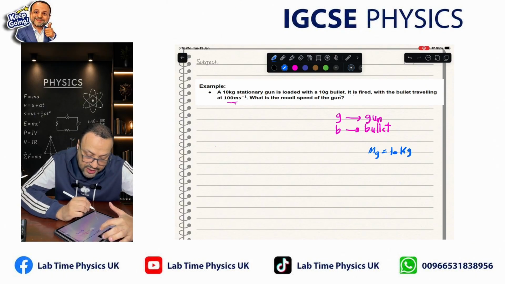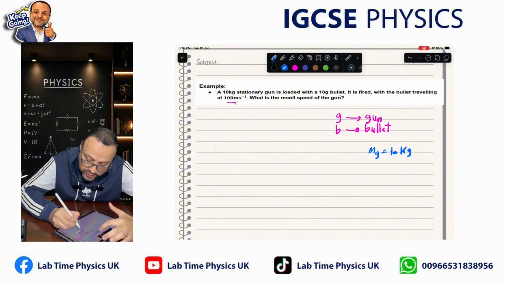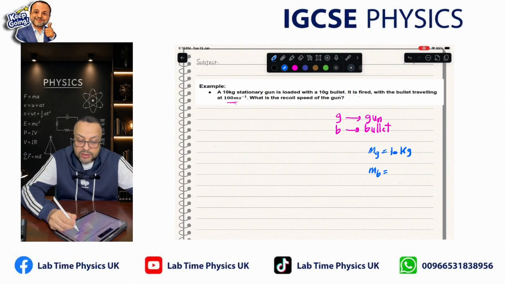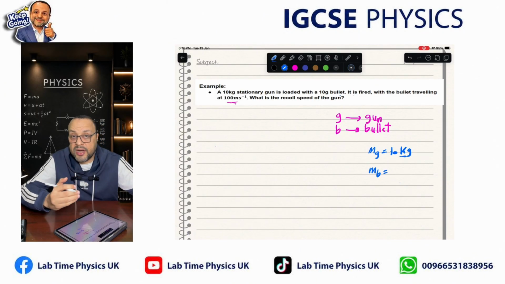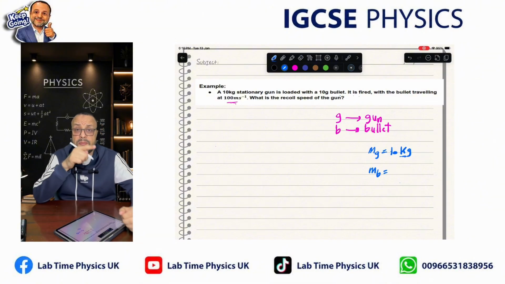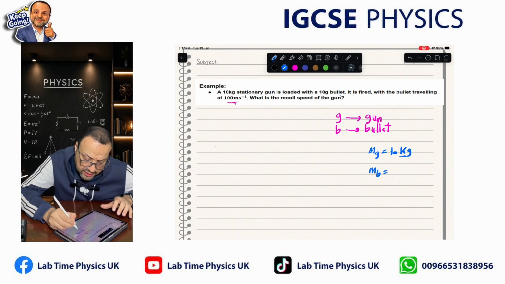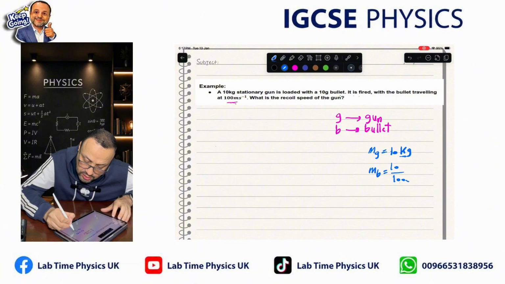It is loaded with the mass of 10 gram for the bullet, so the mass of B equals 10 gram. I cannot write the mass in gram, because here we have mass in kilogram. So you have to convert from gram to kilogram: just divide by 1000, or multiply by 10 to the power of negative 3. So 10 gram divided by 1000 will be 0.01 kg.